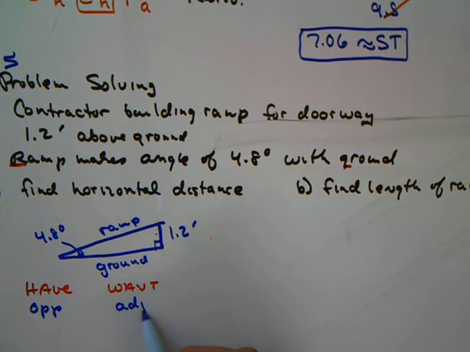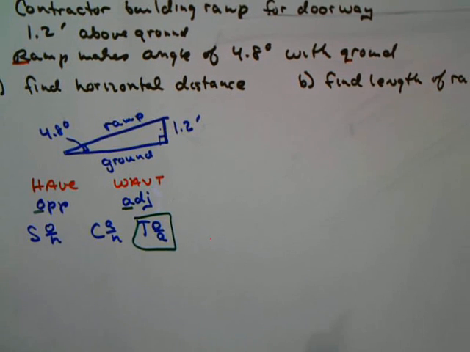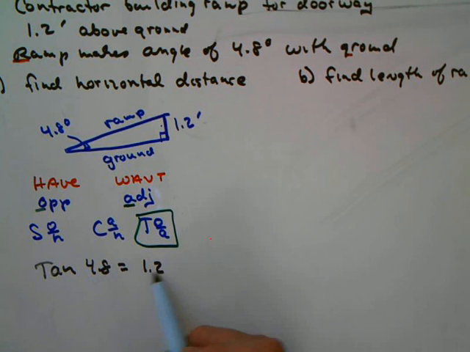So I think, SOH CAH TOA, and I think, okay, I need to relate O and A. That's TOA. So I am going to, at this point, set up an equation where I have the tangent of my angle, 4.8, equals the opposite over the adjacent, which is the ground.